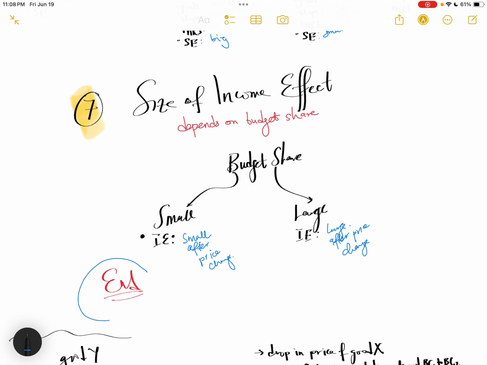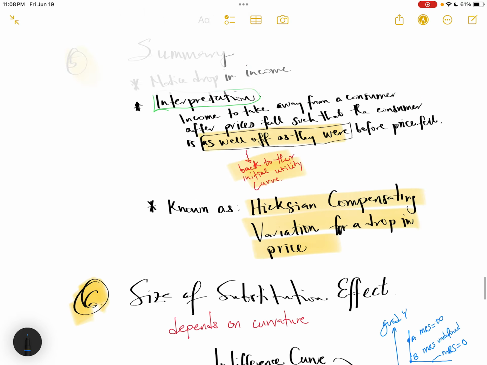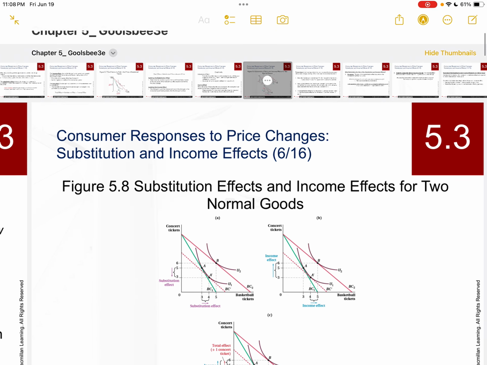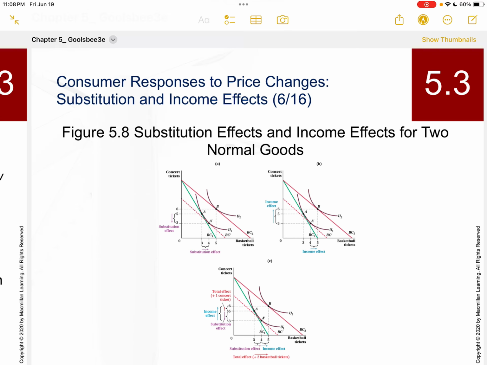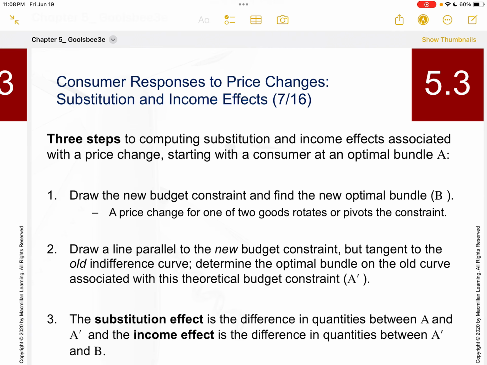Okay, and it seems that's the end of 5.3. I'll go back up to the slides for 5.3. I know I stopped somewhere here, 6 out of 16, and so I will go through 5.3.